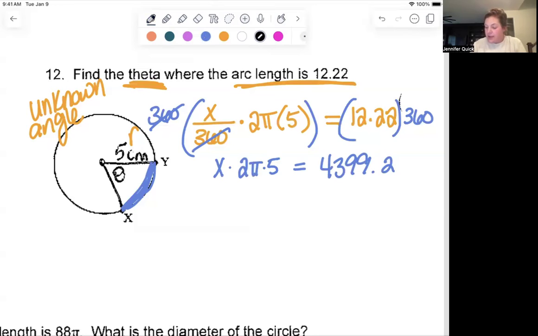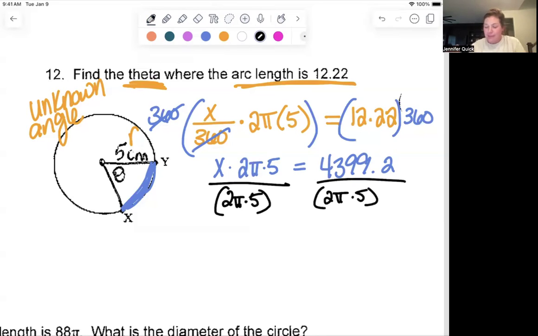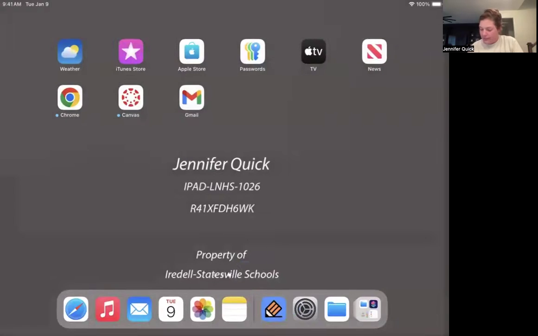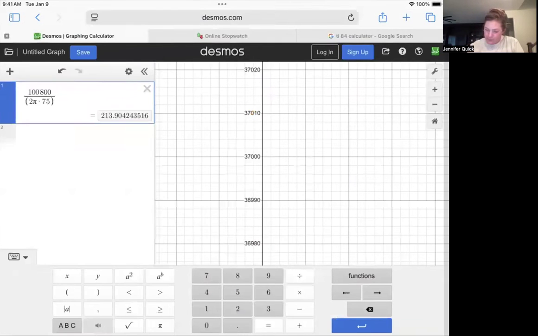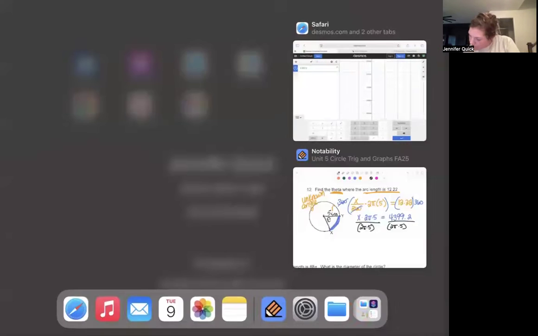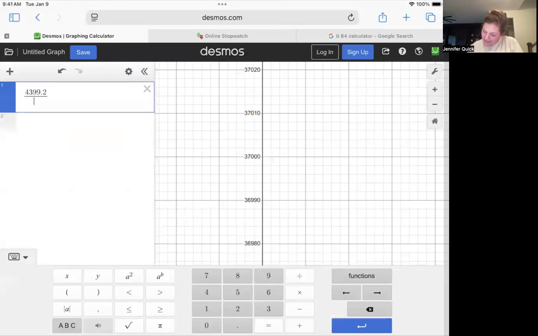And then all I have to do now is divide by 2 pi 5. Or you could do 10 pi. However you want to do it. But I'm going to put it in parentheses because I want my calculator to just do that. So 4399.2 divided by 2 pi times 5.